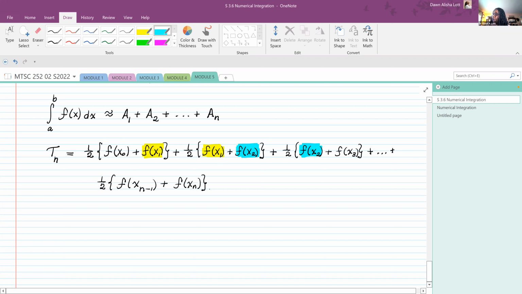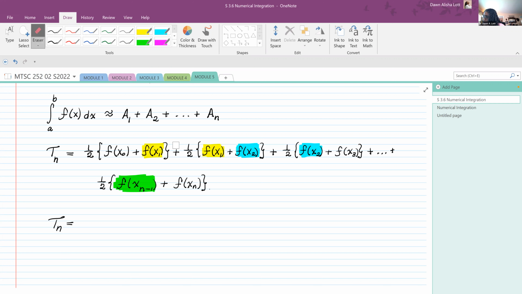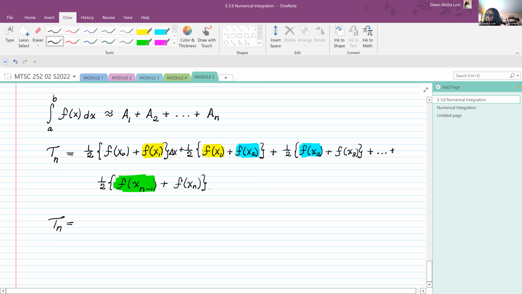In fact, f of all the things on the inside are going to appear twice, and f of the first and the last only appear once. So you get Tn. Let's factor out, oh, I forgot my delta x in every last one of these, didn't I? Oh my goodness.